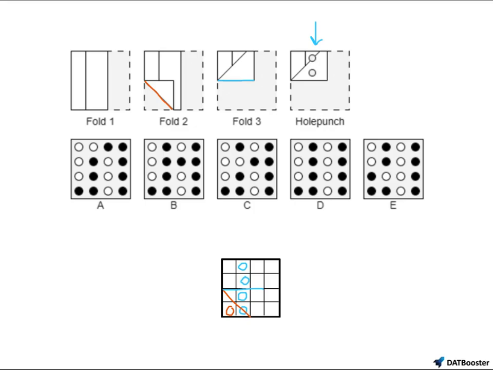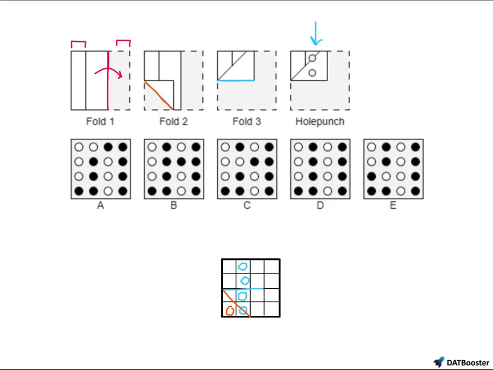And then we finally go to our last fold, fold number 1. And we only have one option. There's only one outer solid line there, so we know it has to fold in that direction. And this one's a little bit interesting because it could be easy to say that it's this line here, but in fact, we know it's not because it would have to be this wide in order to properly line up with a column of holes.